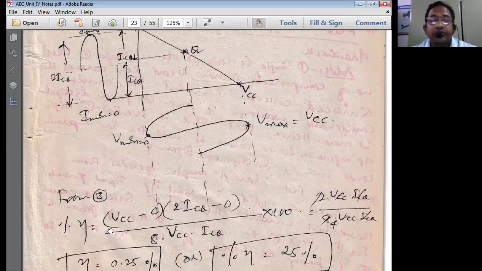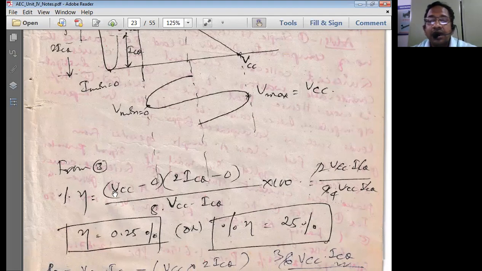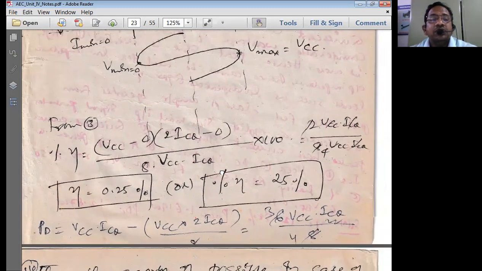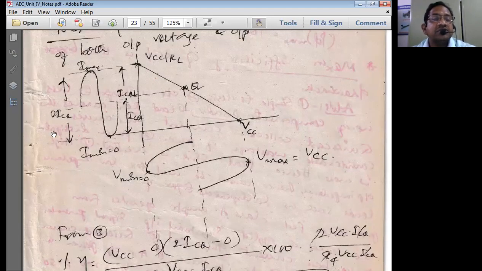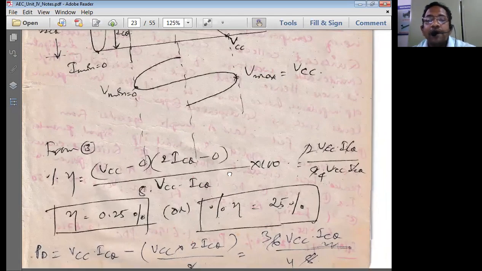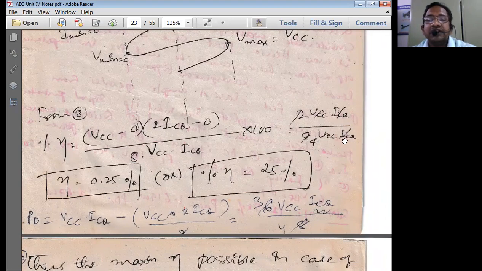Now let us look into the efficiency formula. The formula is Vmax minus Vmin into Imax minus Imin, divided by 8 into VCC into ICQ. So what is Vmax? Vmax is VCC. What is Imax? Imax is equal to 2 times ICQ, from 0. The rest of the things are as they are.